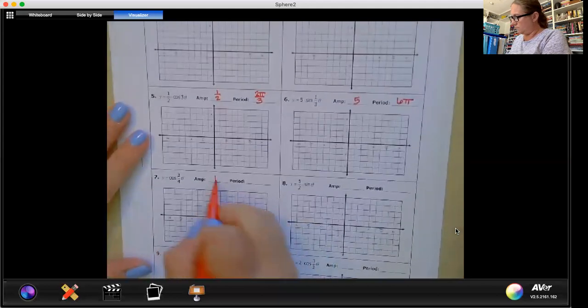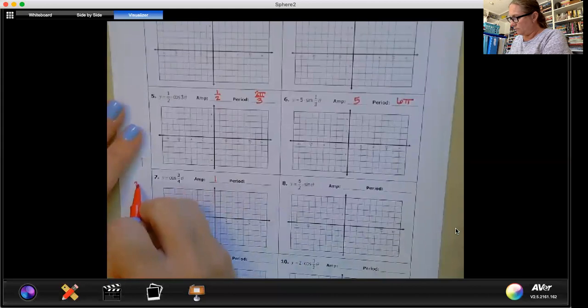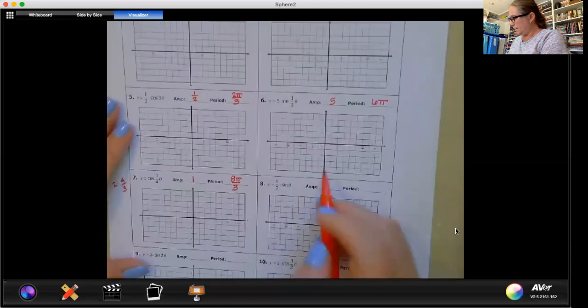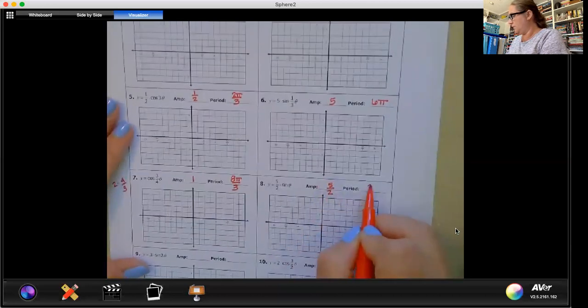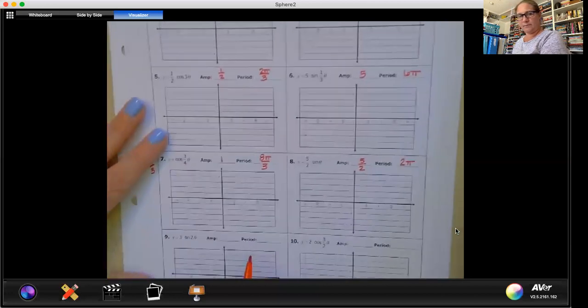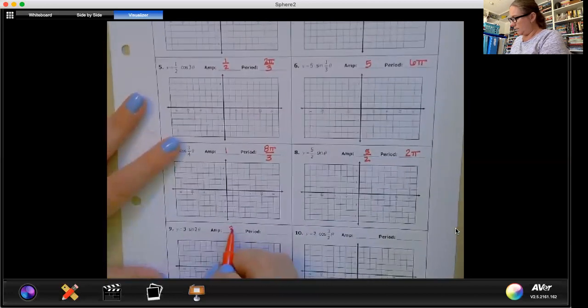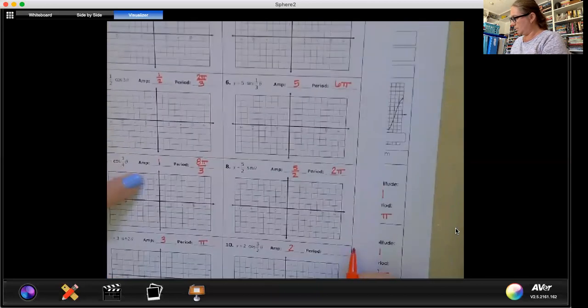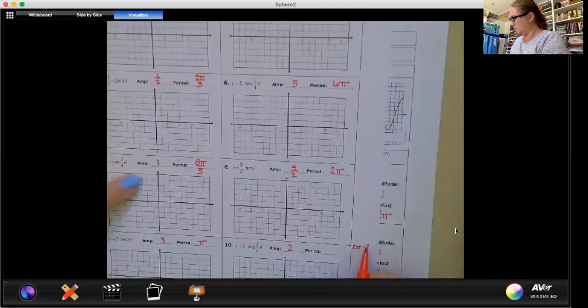And amplitude is 1, and 2 pi divided by 3/4 is 2 pi times 4/3, so that's 8 pi over 3. And then 5/2 and 2 pi, and 3 and 2 pi over 2, and 2 and 2 pi times 2/3 is 4 pi over 3.